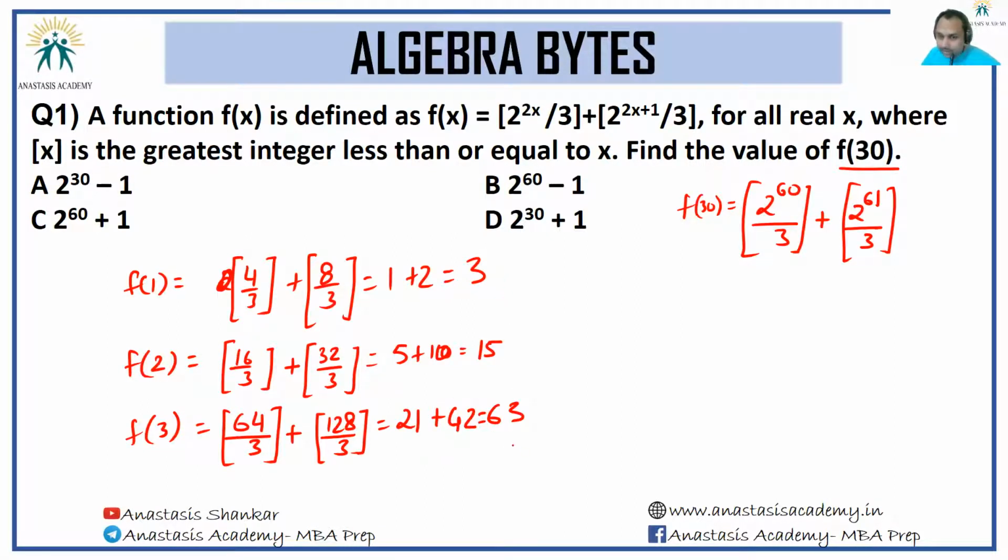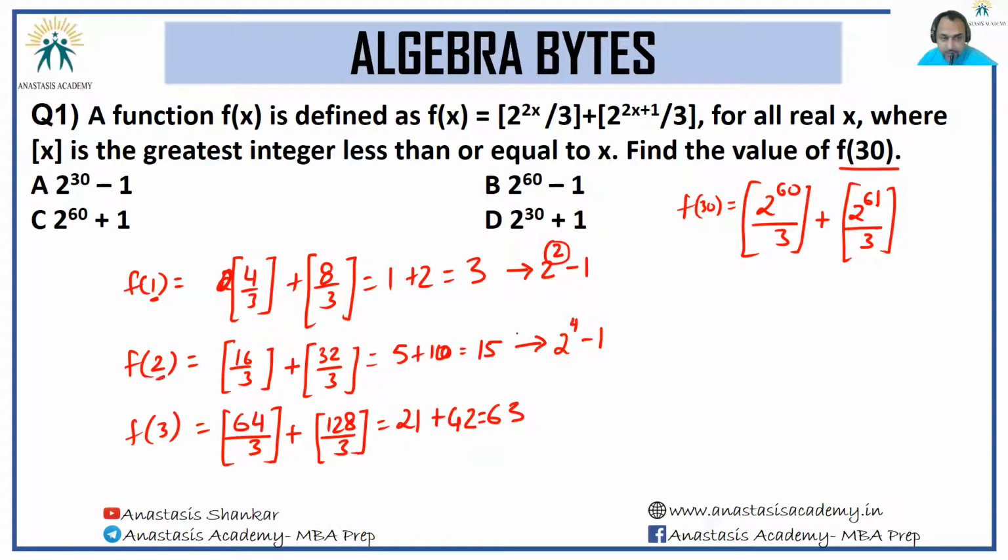Now I've got these terms, and probably from the first term itself you can see the pattern that is emerging. Can you see this is as good as 2 square minus 1? So whatever numbers whose f we are finding, we have to take double of that as power of 2 and subtract 1 from it. Is that the pattern we are getting for the second term also? 2 raised to the power 4 minus 1.